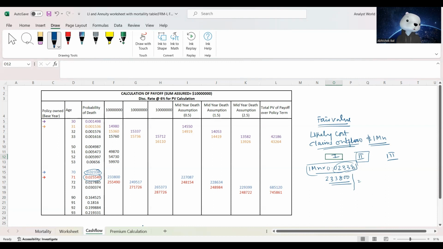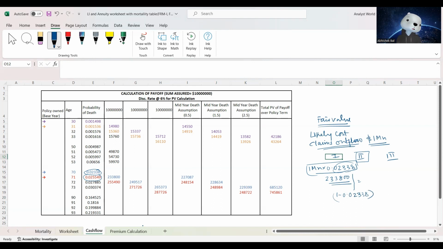So as before, what is the probability that the person is going to survive between the 70th year and the 71st year? Well, it's going to be 1 minus 0.02338. This is the probability that the person is going to survive.